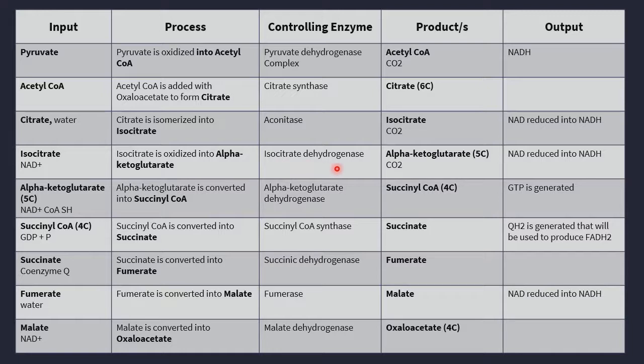The isocitrate and NAD+, the process will be isocitrate will now be oxidized into alpha ketoglutarate by the enzyme isocitrate dehydrogenase. The alpha ketoglutarate molecule has a 5-carbon structure because in the conversion of citrate into isocitrate, there is a release of carbon dioxide, and that carbon from the carbon dioxide is taken from isocitrate, from a 6-carbon molecule now reduced to a 5-carbon molecule.